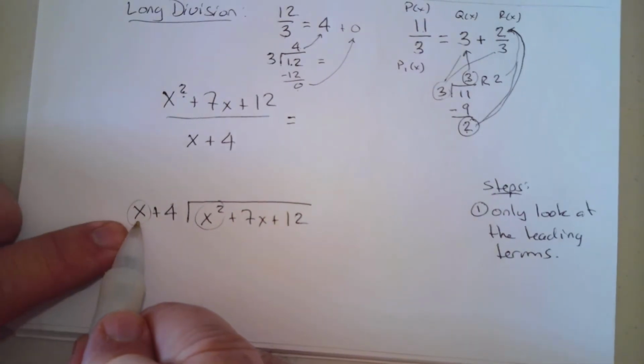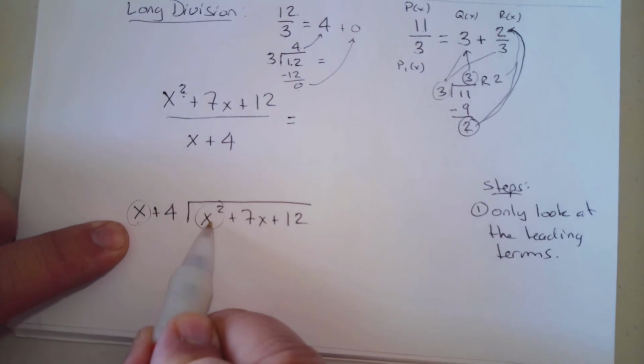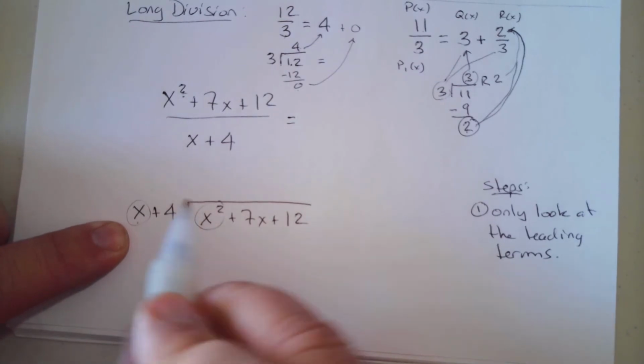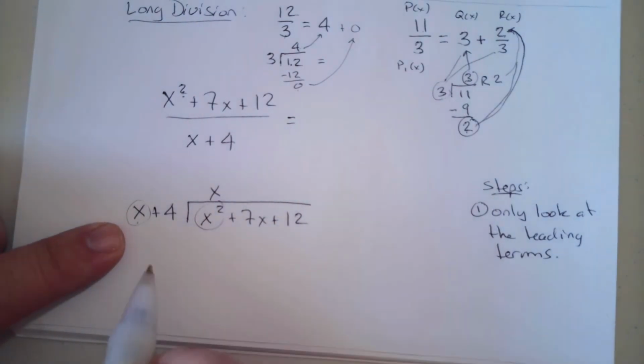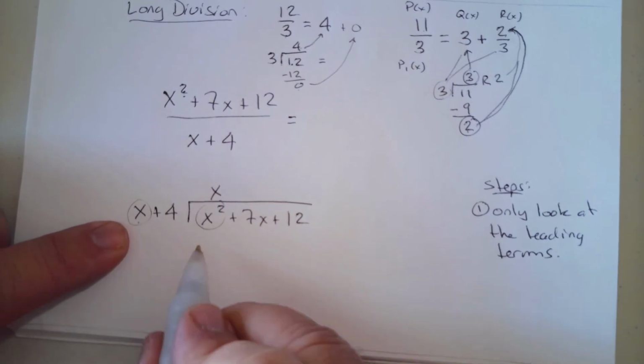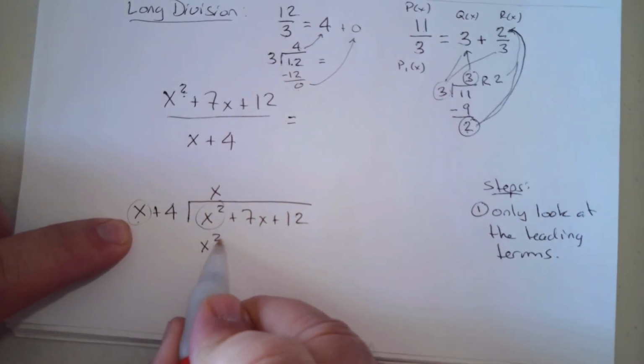What times x gives you x squared? X. X times x is x squared.